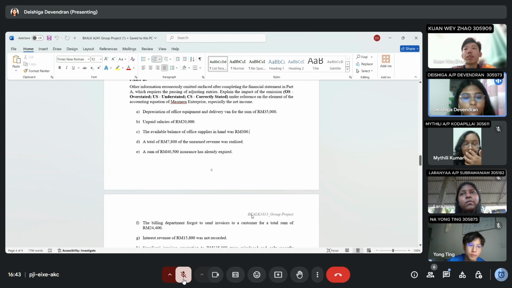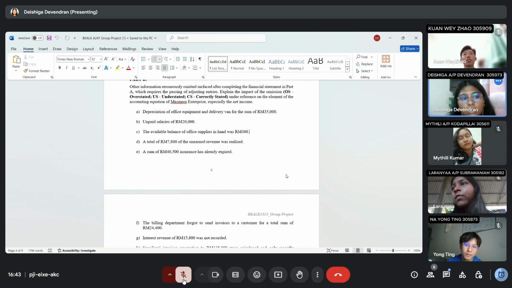For question F, the billing department forgot to send invoices to a customer for total. I'm sorry. For question E, a sum of 40,500 insurance has already expired, so the assets are overstated because prepaid insurance includes the amounts for unexpired periods. If the amount has expired but remains recorded, assets are overstated.